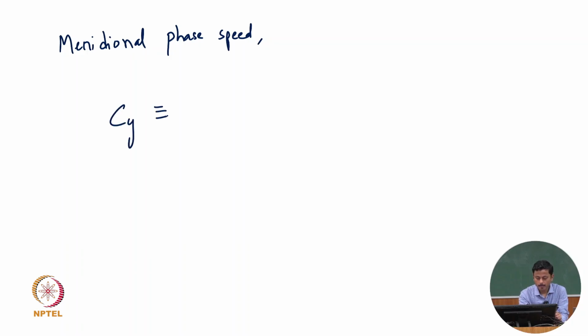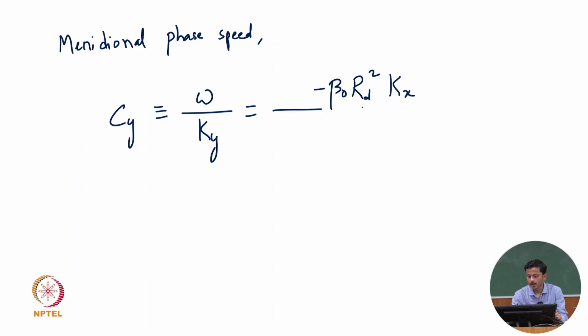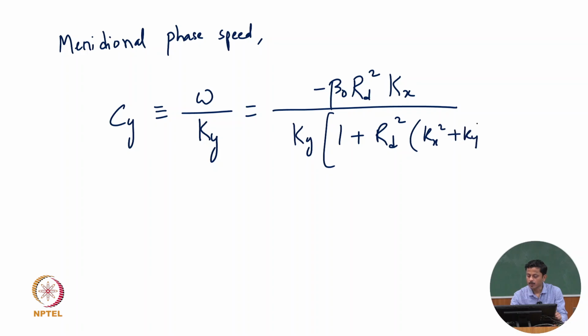So the meridional phase speed is given by Cy, and this is defined by the frequency over the meridional wave number, and this is minus beta naught Rd squared kx divided by ky times 1 plus Rd squared kx squared plus ky squared.